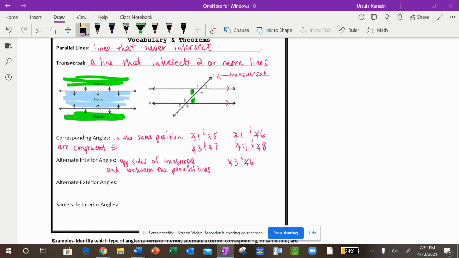And then there's another pair of angles that are between the parallel lines. They have to be between because they're interior. That would be 4 and 5. So those are also alternate interior. And alternate interior angles are also going to be congruent.